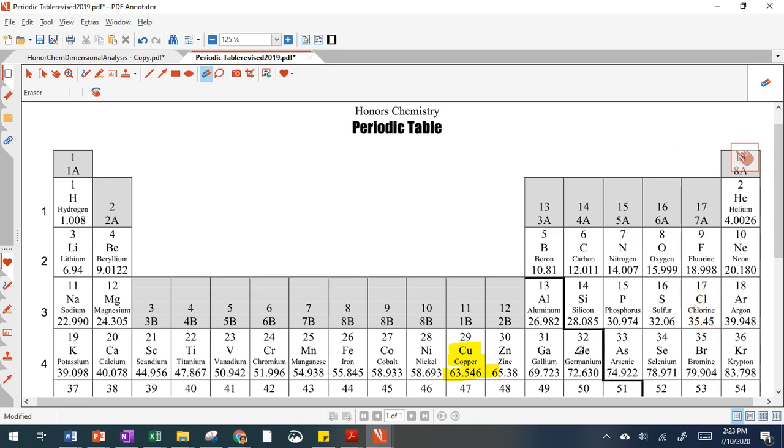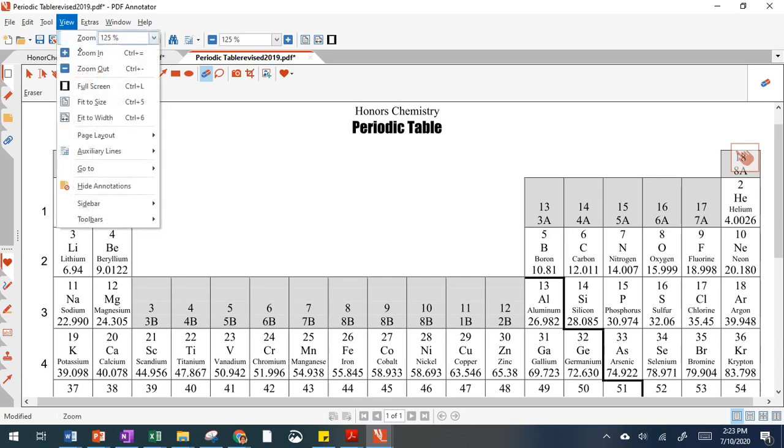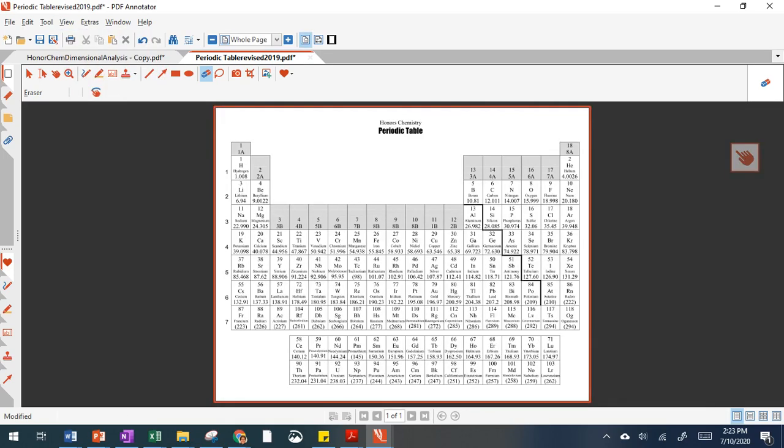I'm also going to make this not as blown up. And okay, so on your periodic table, I want you to look at this staircase here in the middle. And on the left of your staircase are going to be the metals. And on the right are the nonmetals.